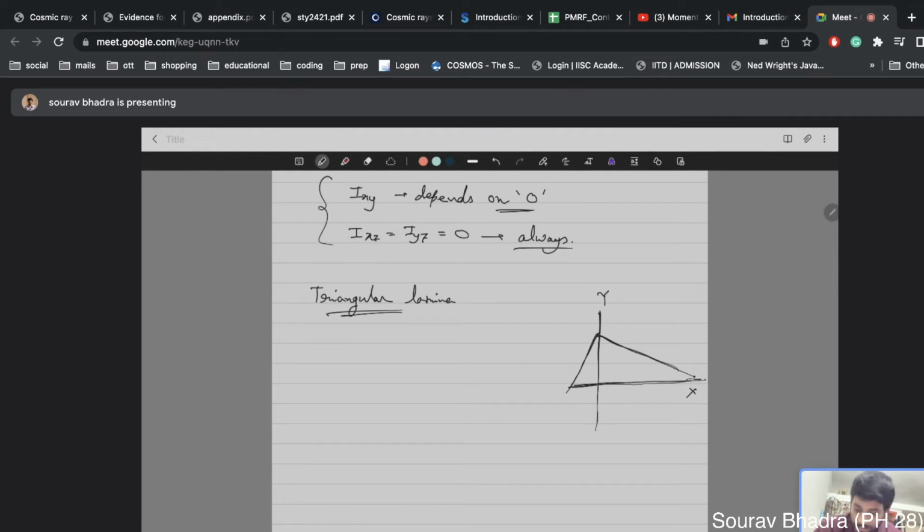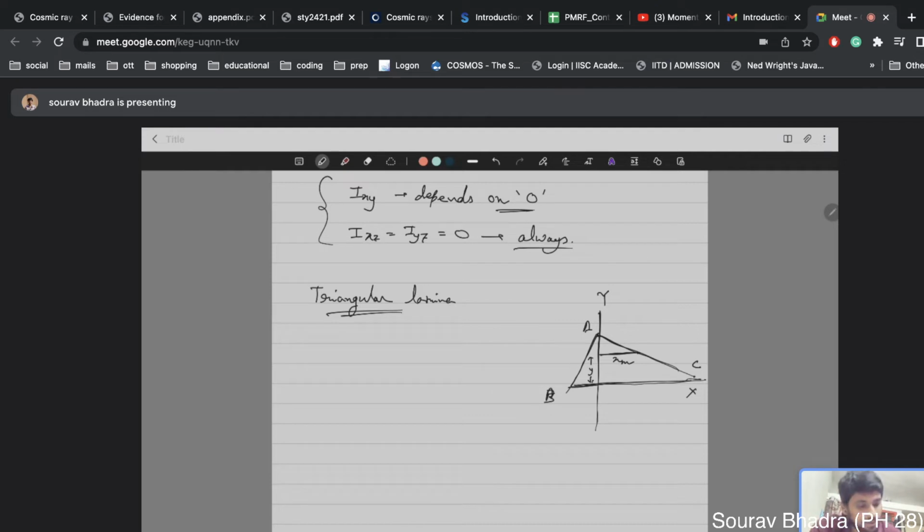The vertices should be labeled anti-clockwise, A, B, C. Let us consider this length as x_m. It is needed for the integration, that's why I am drawing it, you will see.